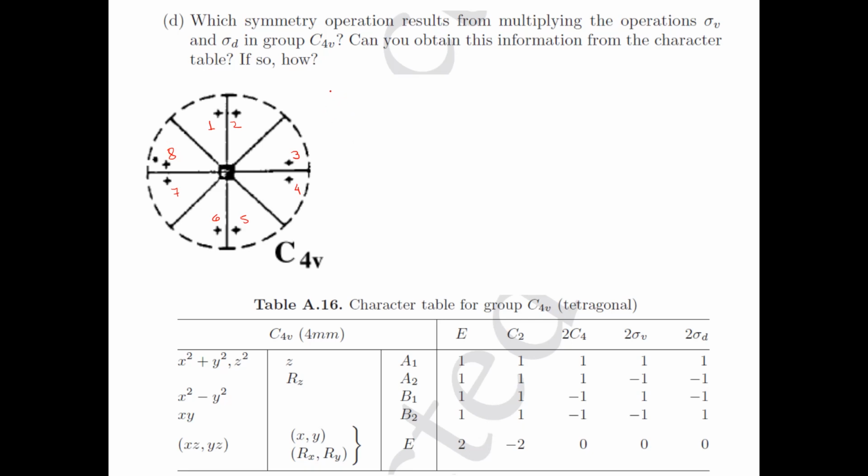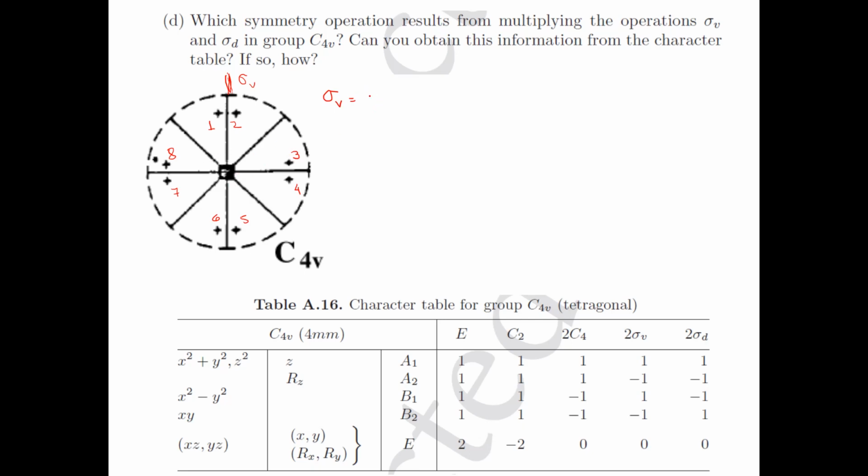So let's see what is sigma v. Let's take one particular vertical plane, which is this one. This is a vertical plane, sigma v, and this symmetry operation takes atom 1 to 2 and 2 to 1, 3 to 8, 8 to 3, and so on and so forth.